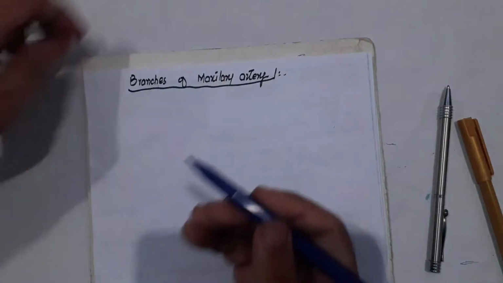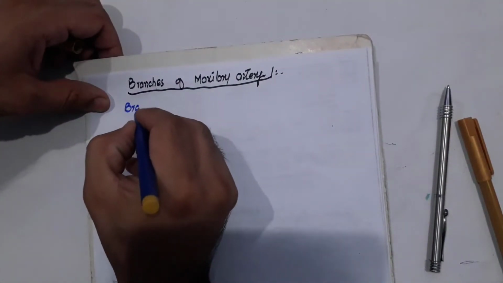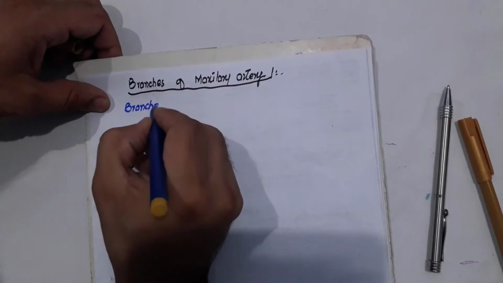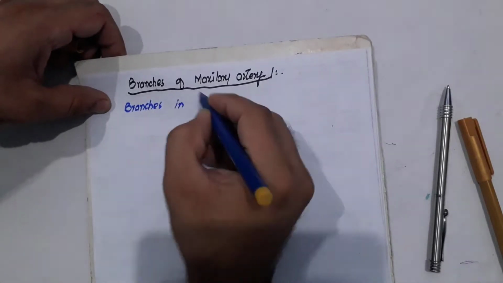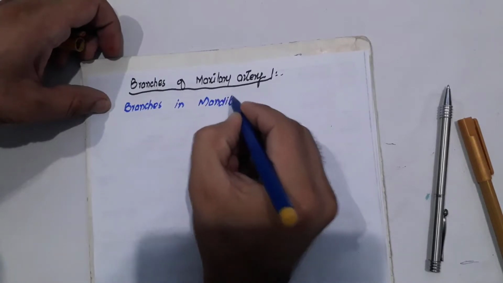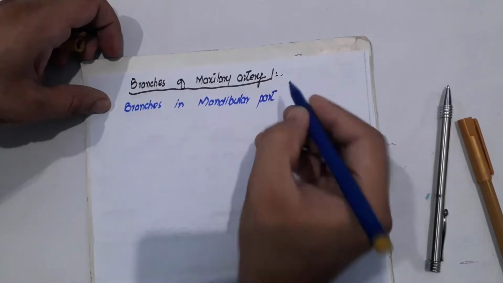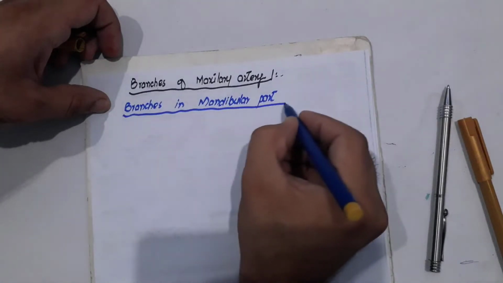We are discussing the branches in which part? Branches in the mandibular part. Mandibular part. Clear? Right. Let's start our lecture right now.